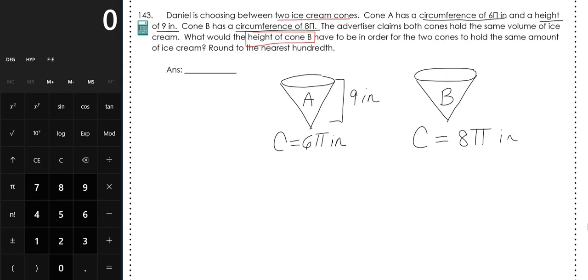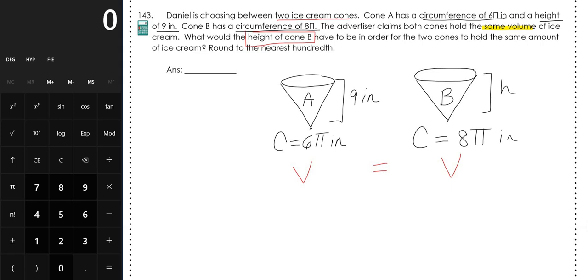And now they're asking me, what is the height of cone B? So I'm just going to put H for the height. Now, one thing that they tell me that's really important is that the two cones hold the same volume of ice cream. So the volume of A is equal to the volume of cone B.